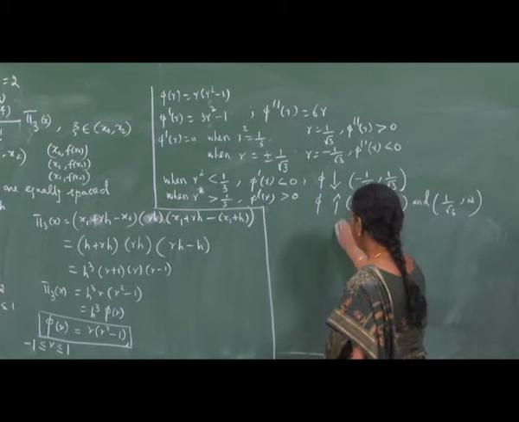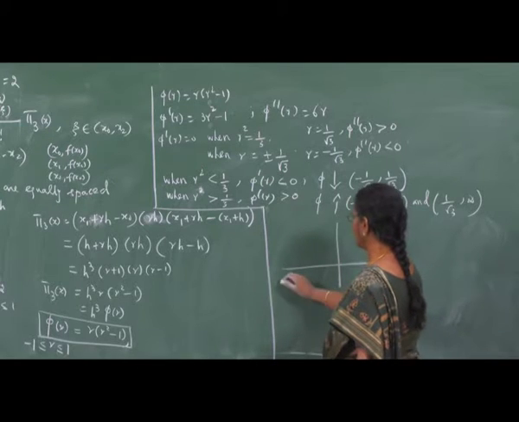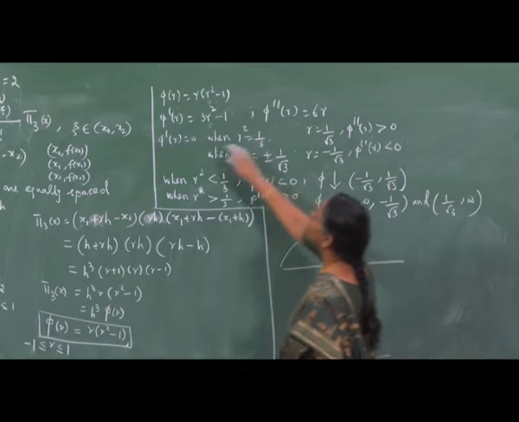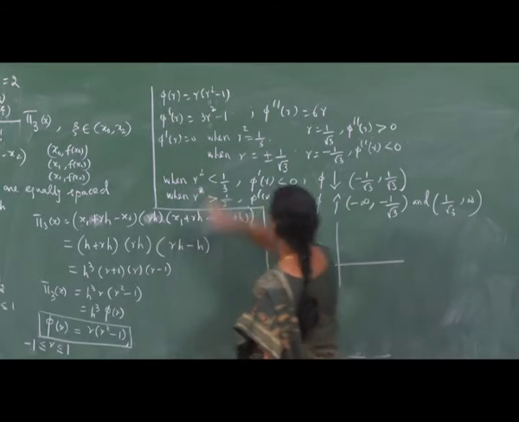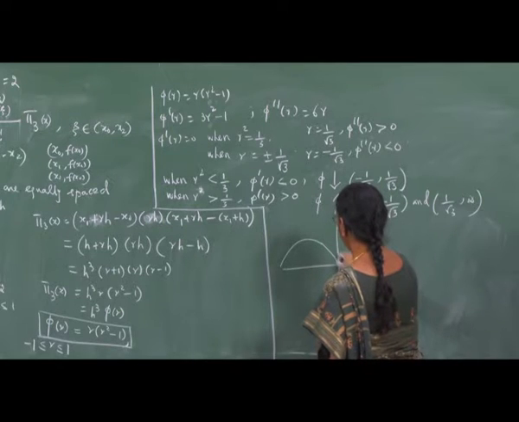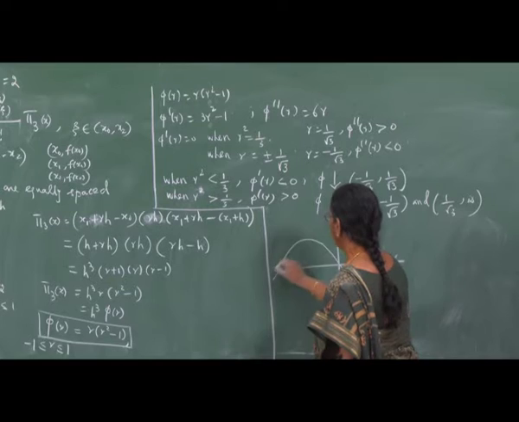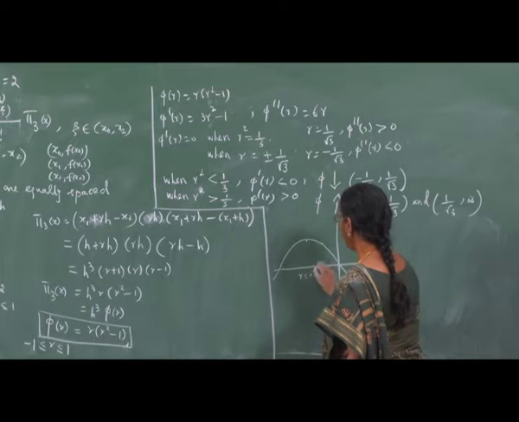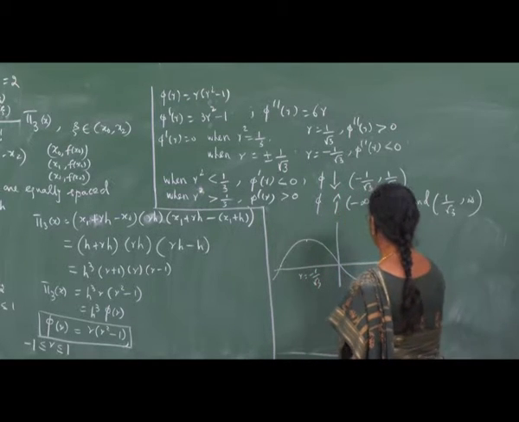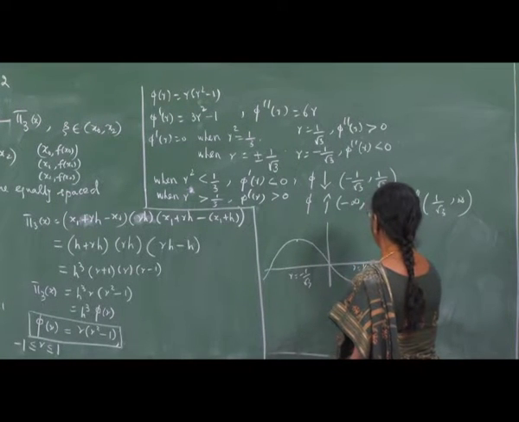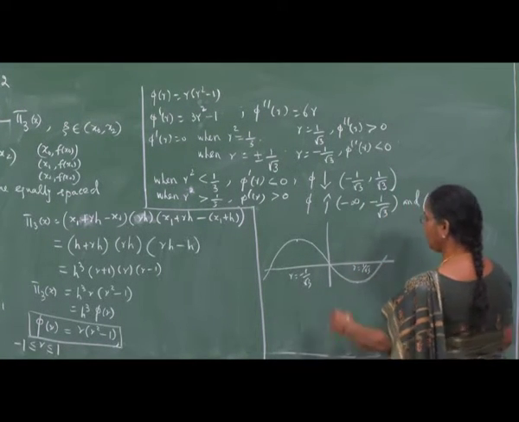So, the graph of this function is such that phi of r is 0 at r is equal to 0. So, at r is equal to minus 1 by root 3, it attains a maximum, and at r is equal to plus 1 by root 3, it attains a minimum.